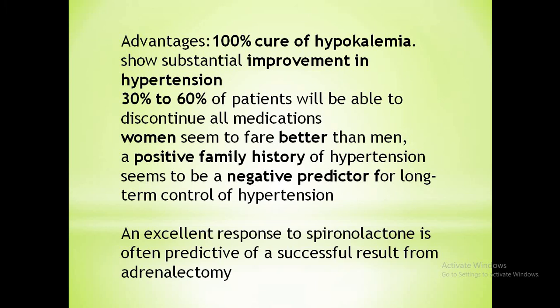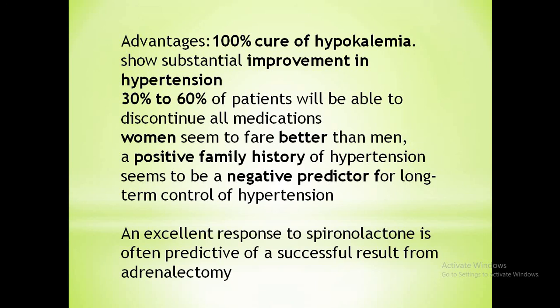So what are the advantages of unilateral adrenalectomy? 100% cure for hypokalemia, a great improvement in hypertension. About 30 to 60% of the patients don't need any medications. Overall, ladies do better than gents.